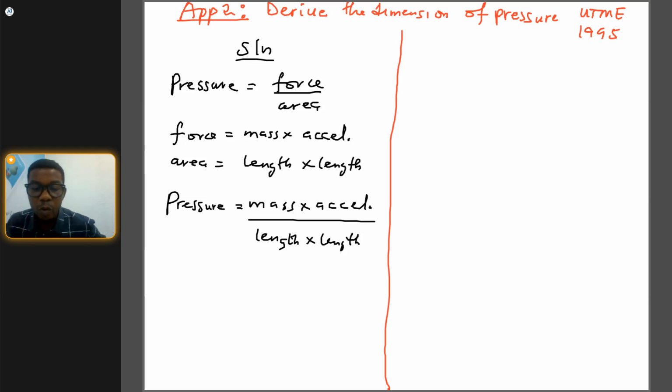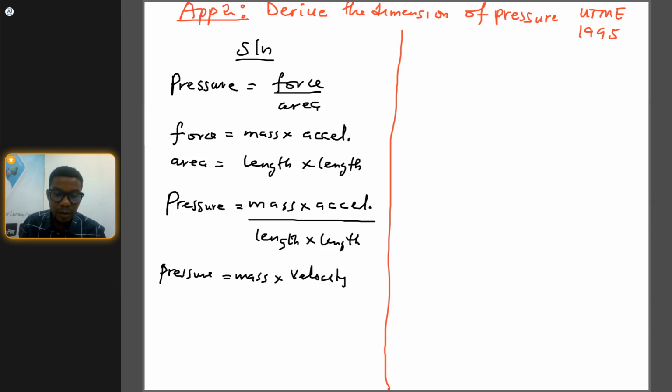So we proceed to simplify again what acceleration is. Acceleration is velocity over time. So pressure now will be equal to mass times velocity over time, all divided by length times length.